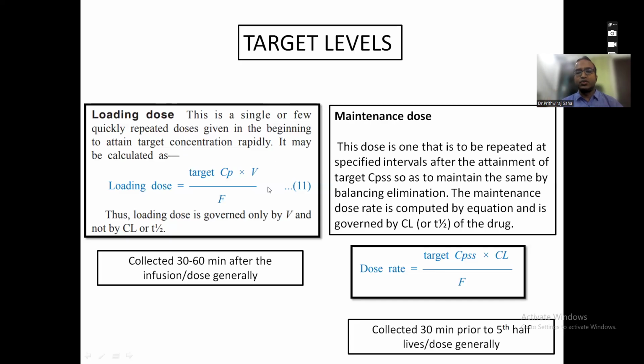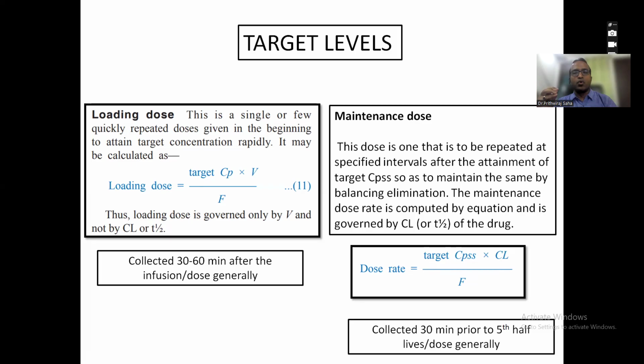For the maintenance dose, as we have known, the maintenance dose rate is equal to the steady state concentration into clearance, because at the steady state concentration, the rate of elimination is equal to the rate of administration. What we have read from the previous slide: now the maintenance dose becomes dependent on the clearance.